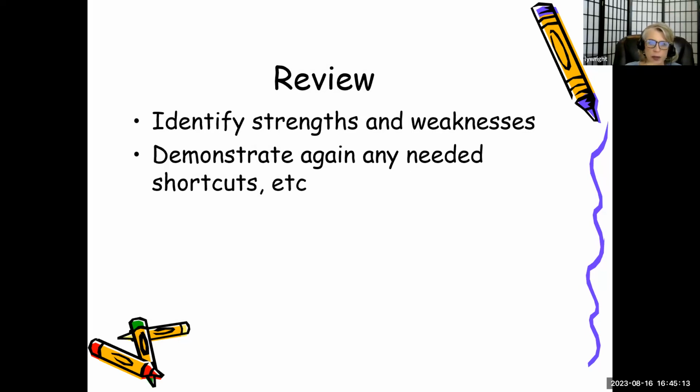Then review their work, looking at their notes, helping them see, well, you're really good at identifying the nutrition problem, the diagnosis, but sometimes I see that your etiology isn't as strong as it should be. So let's work on that a little bit.